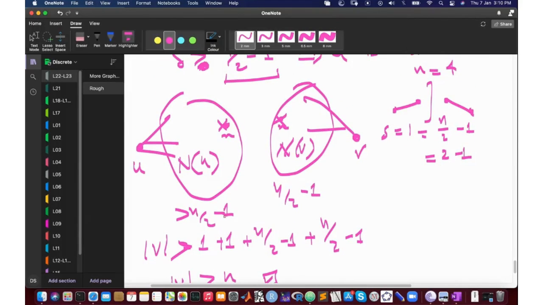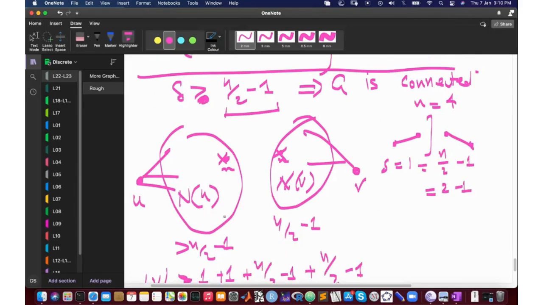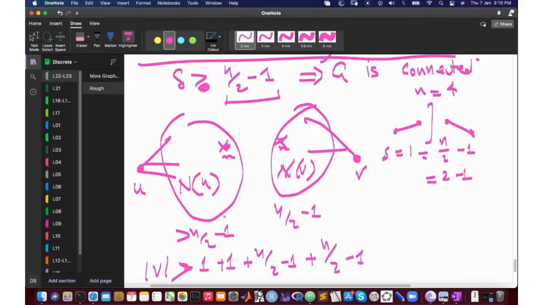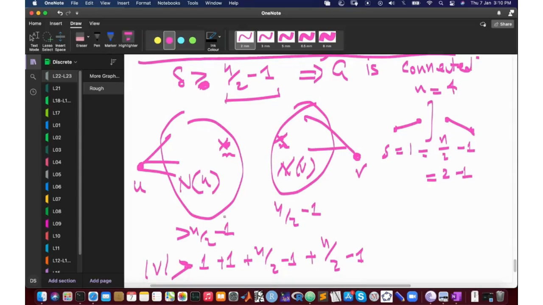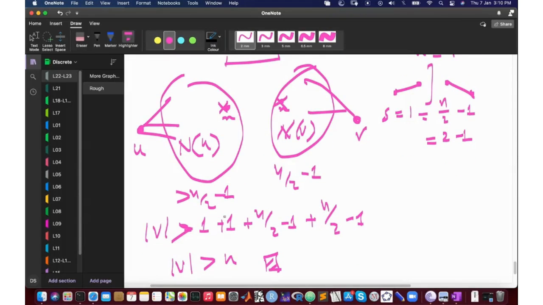So this was actually easier than the previous one. You start with the assumption that the degree is at least n over 2 minus 1, and you need to show that the graph is connected. You start with the contradiction that the graph is actually not connected, which means that there are two vertices u and v, so that there is no path from u to v. So then let's count the number of vertices.